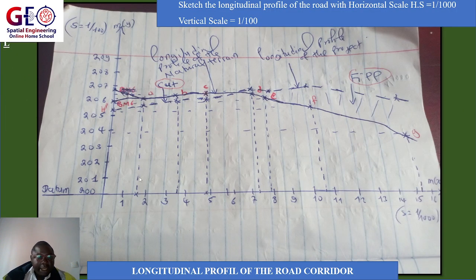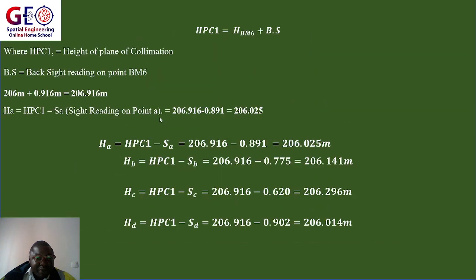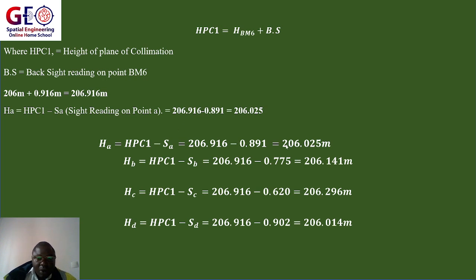Okay, let's see, what was the height? Let's try to locate the height of natural ground of point A. The height of natural ground on point A was calculated to be 206.025.